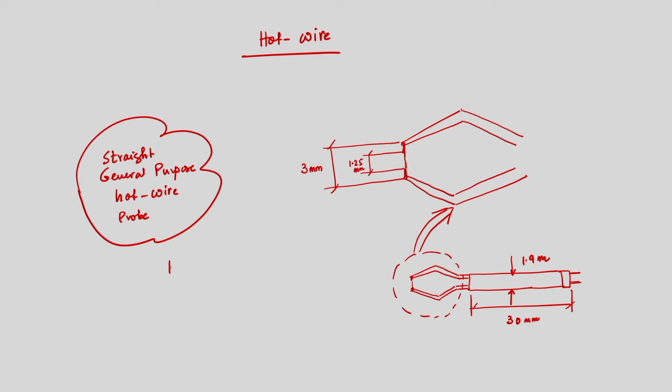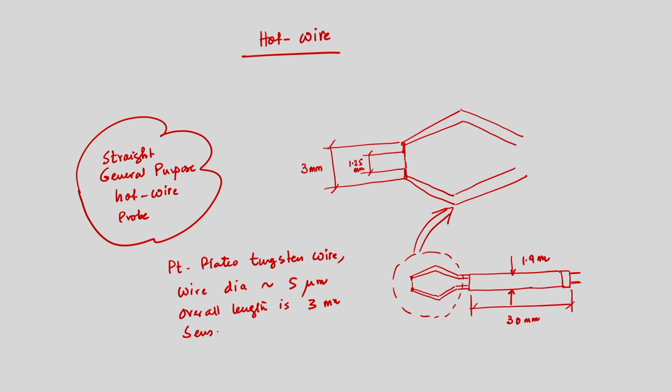So, if we look, this is platinum plated tungsten wire, the wire diameter is of the order of 5 micron, overall length is 3 mm, and sensitive wire length is 1.25 mm.